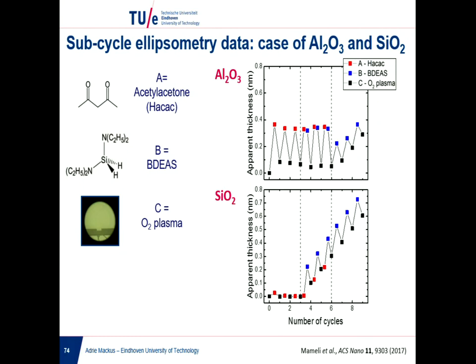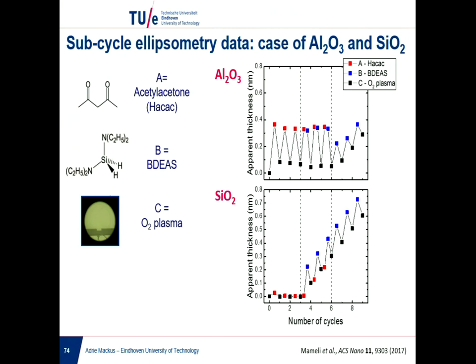And that gives you some insight into the mechanism of what happens. And I realize that there's a lot of information in here, so we'll do this a little bit step by step. So we're looking here at two different starting surfaces, alumina and silicon oxide. So the alumina represents the surfaces on which we had a nucleation delay, and the silica represents the surfaces on which we had immediate growth.